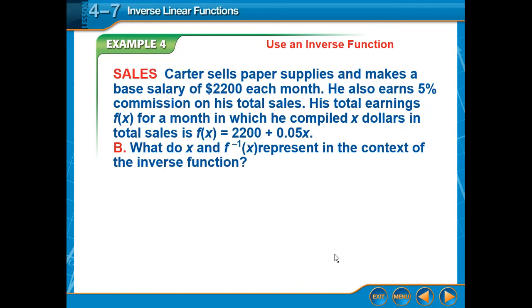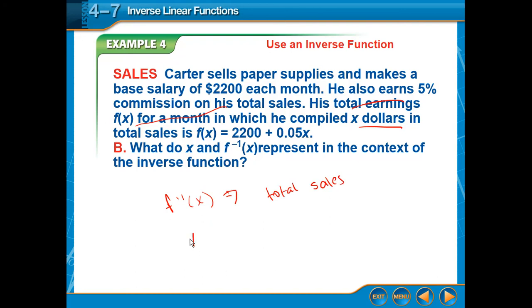Okay, so part 2, it says, what do x and f inverse of x represent in the context of the inverse function? So in our problem, x is the dollars in total sales, and f of x is the total earnings. So if we switched x and y, that means in f negative 1 of x, instead of f of x representing the total earnings, it's going to be the total sales.